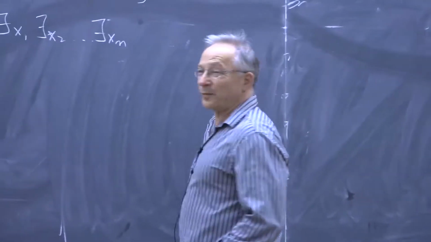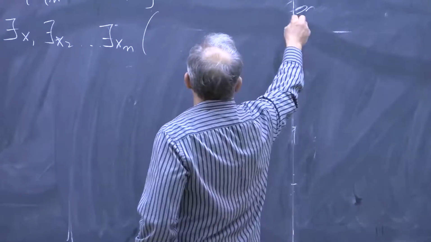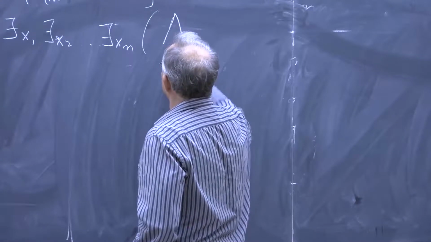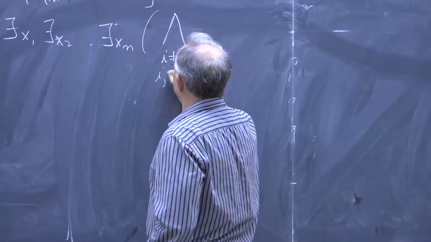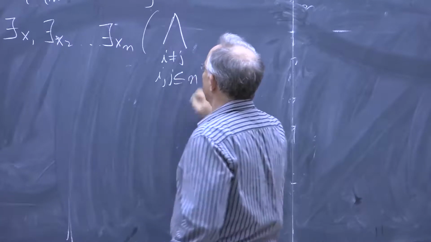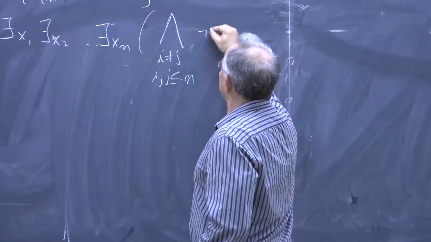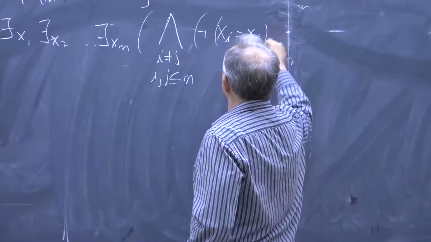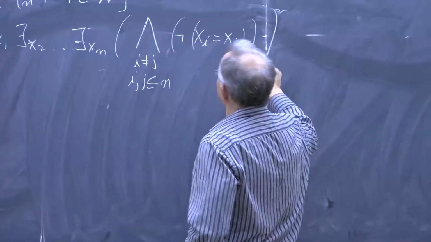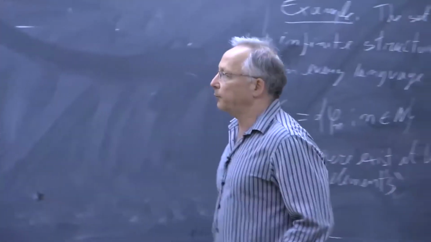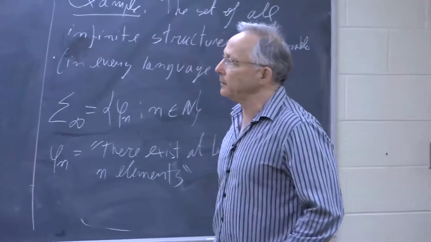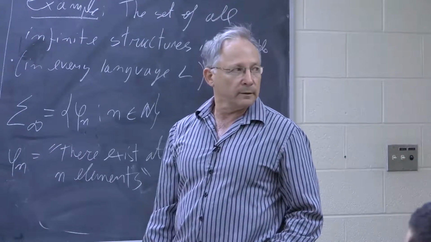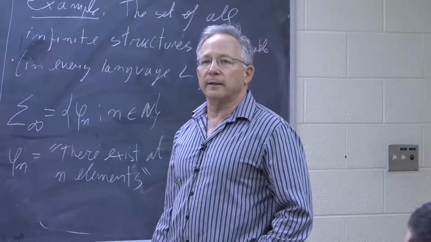How will I write it formally in a concise way? We will say such that, over all i not equal j, i, j less or equal n, not xi equals xj. So phi n says there exist n members such that no two of them are equal. So phi n says there exist at least n elements.